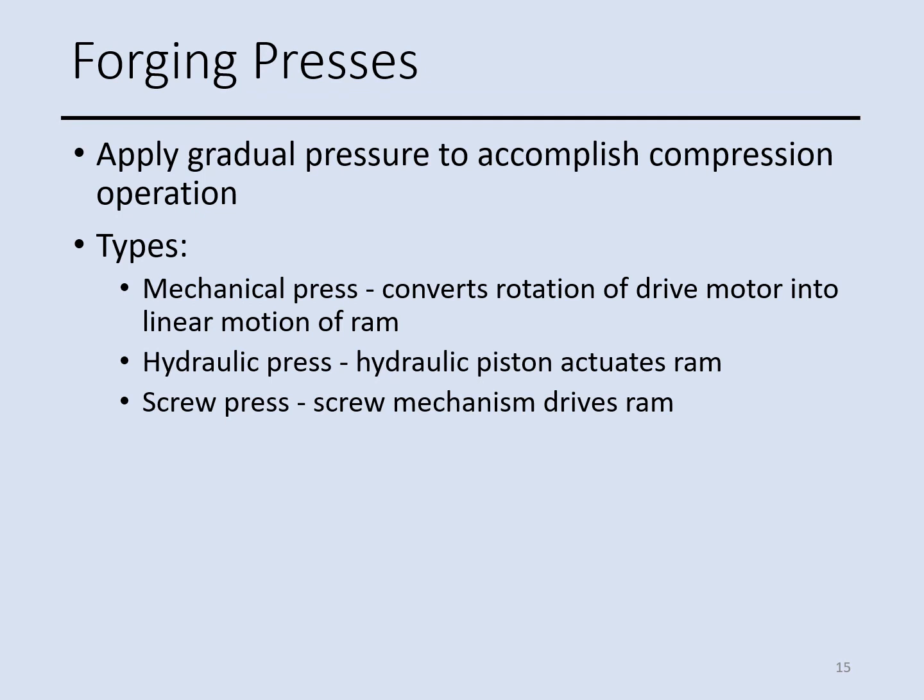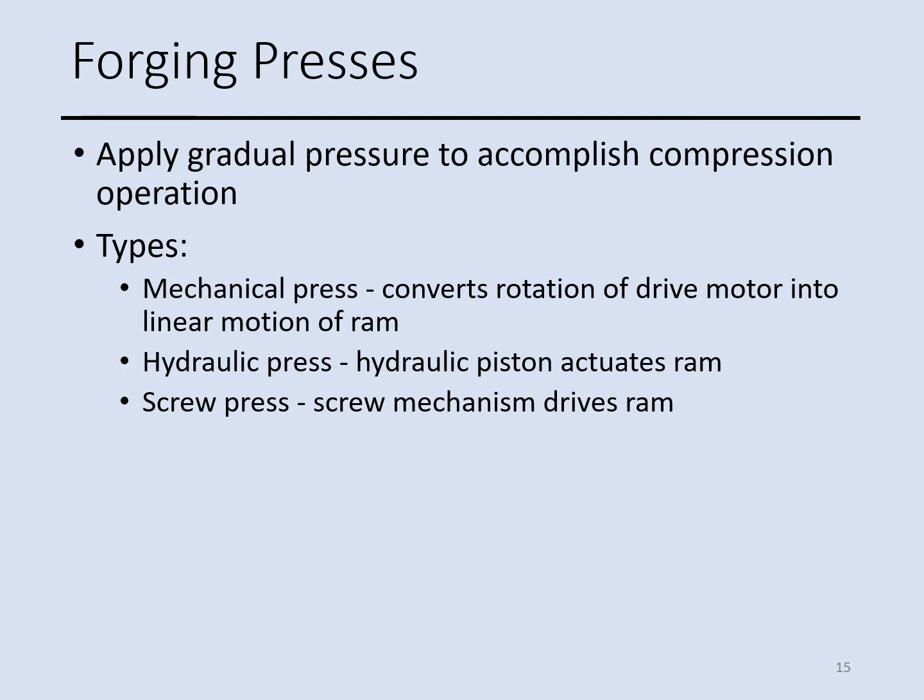Then the second type of forging hammer is called forging presses, where gradual pressure is going to be applied to accomplish that compression operation. There are three types of forging presses.